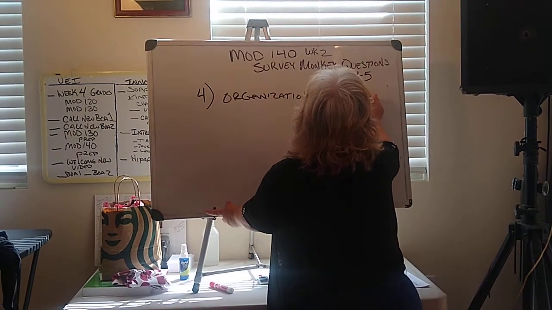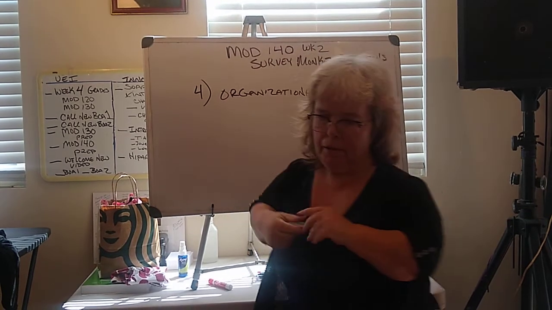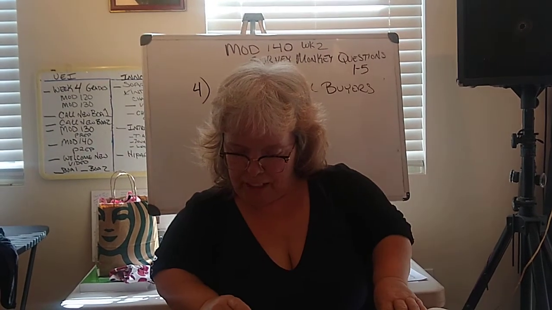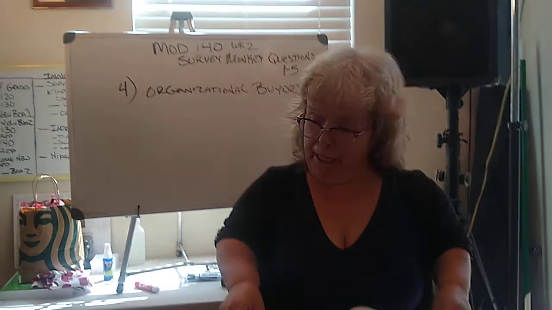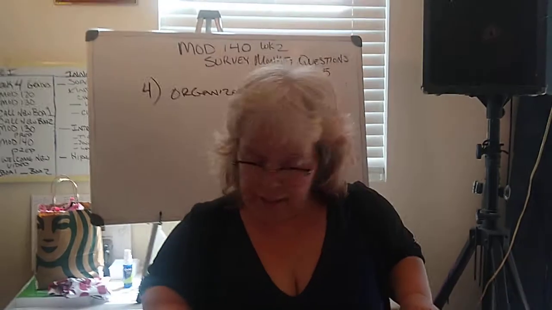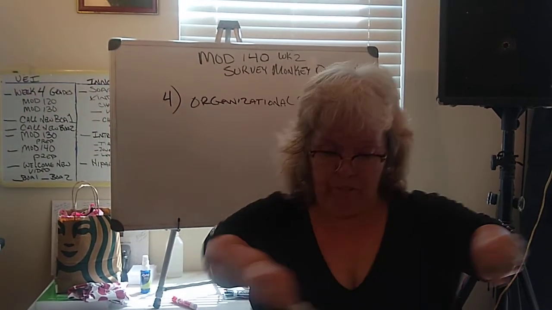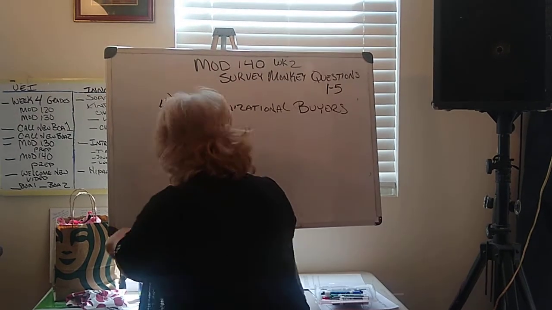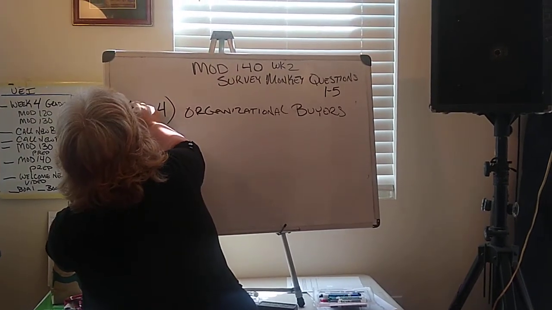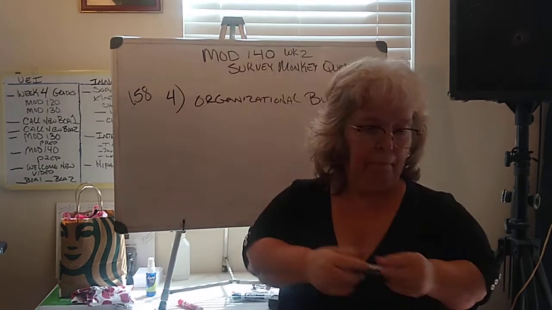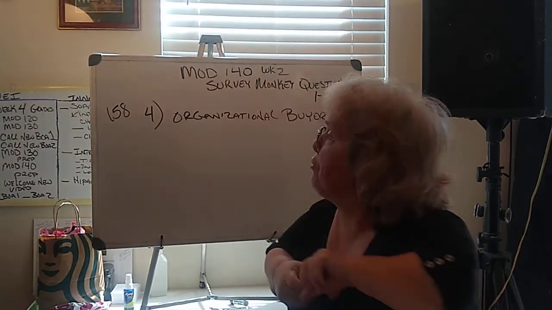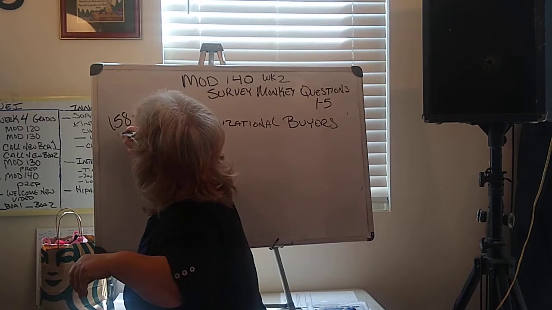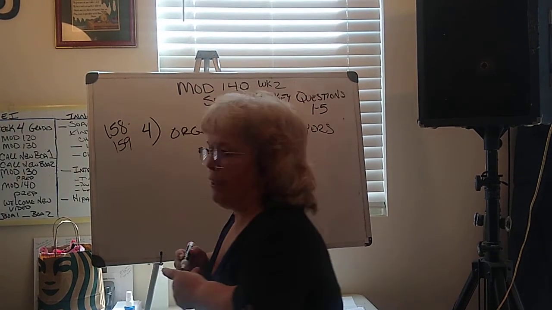Are you saying that's 3 different types of buyers? Divided into 3 markets. Okay, 3 different markets. This can be found on page 158, the same page we were just on. And it's actually 158 through 159. Both of those pages. Okay?